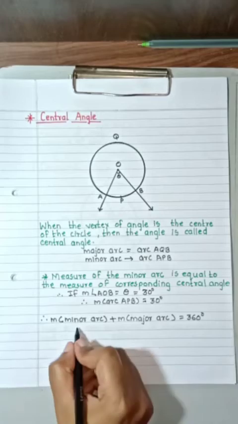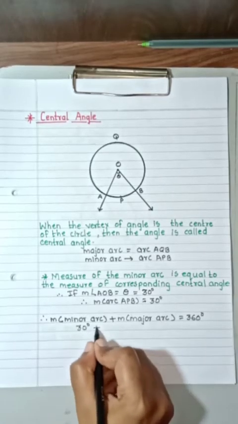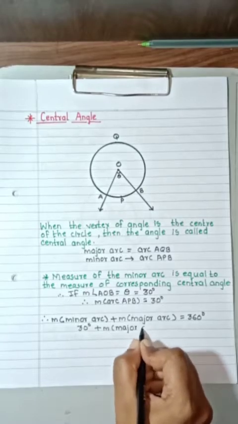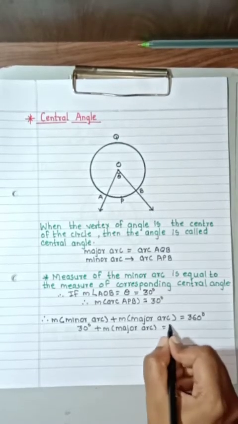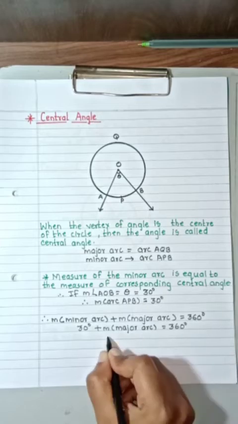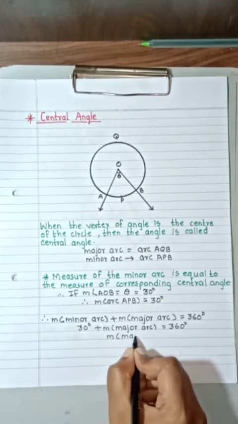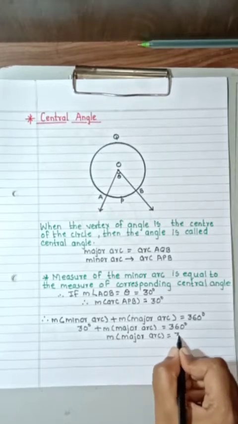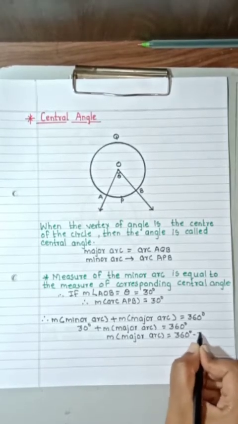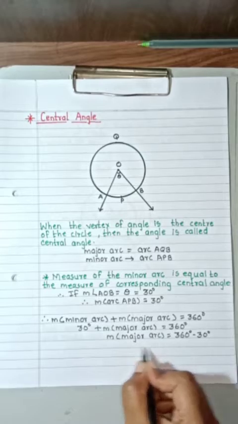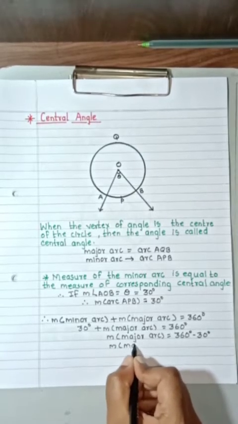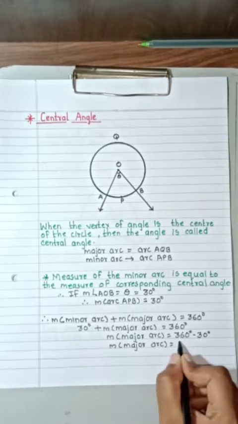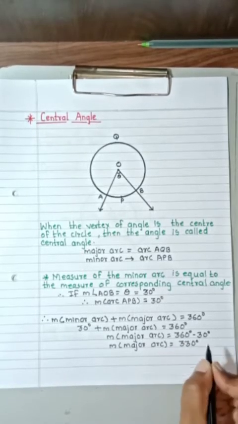Minor arc, how much we have considered? 30 degrees plus measurement of major arc is equal to 360 degrees. Therefore measurement of major arc is equal to 360 degrees minus 30 degrees. Therefore measurement of major arc is equal to 330 degrees.